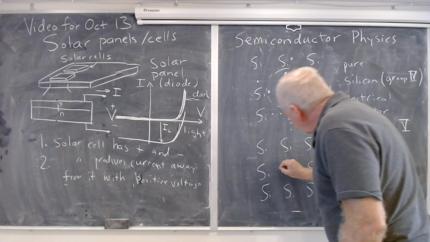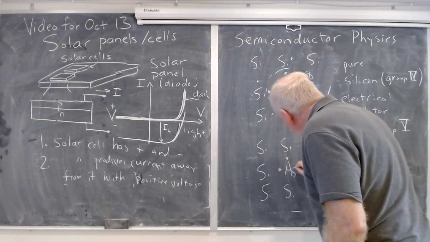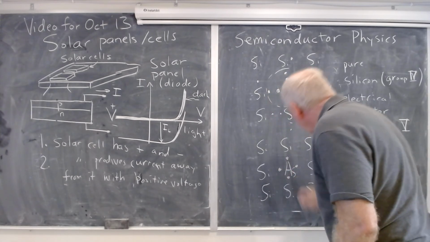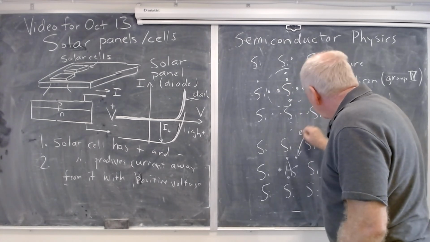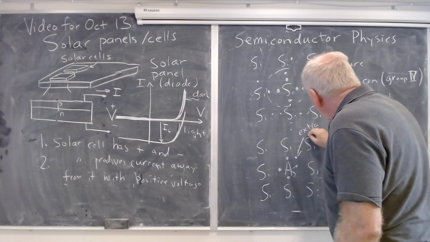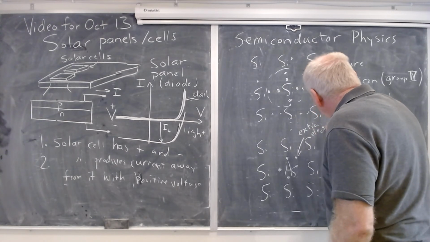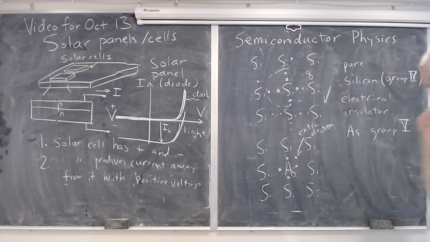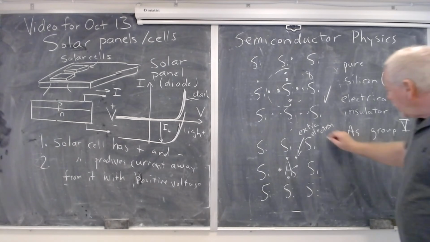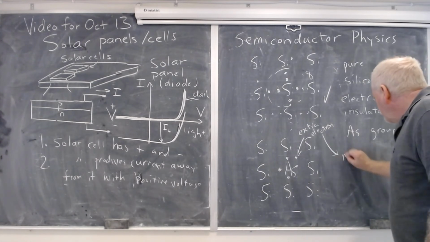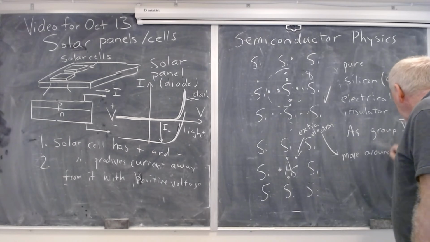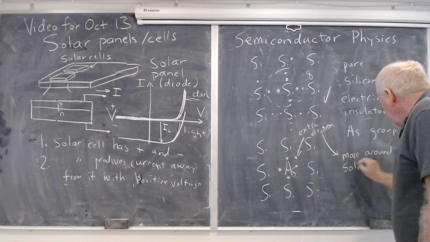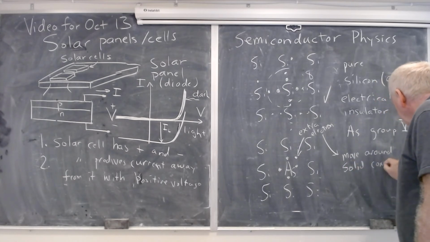So the arsenic atom has 1, 2, 3, 4, 5. It has an extra electron. And that extra electron can move around the solid and conduct.